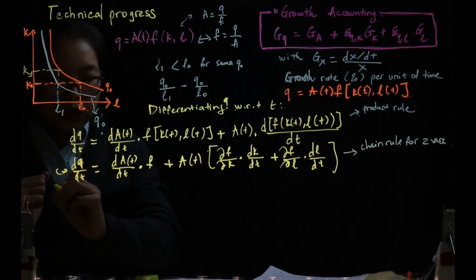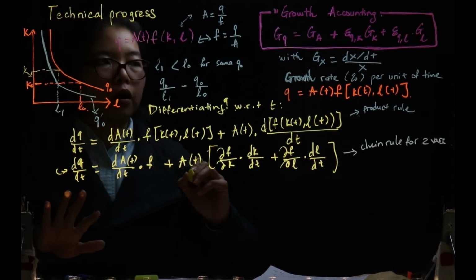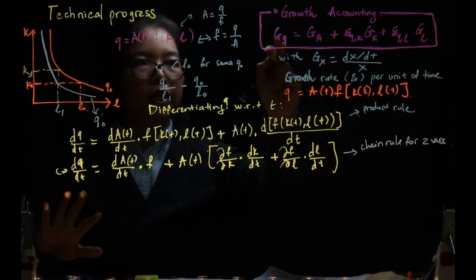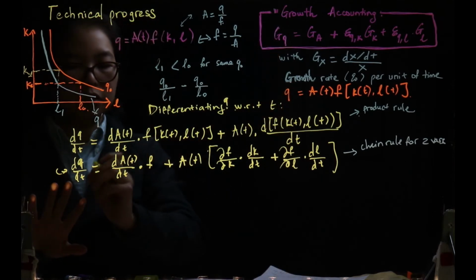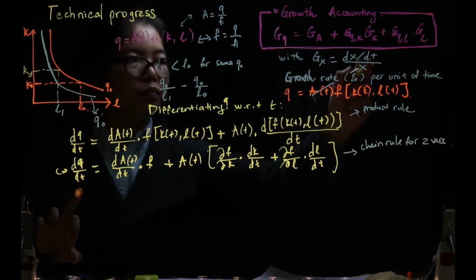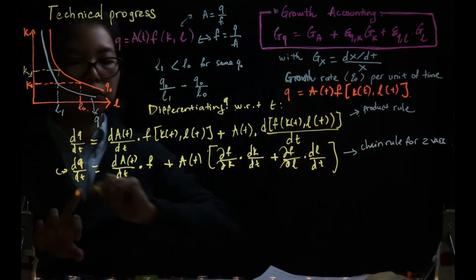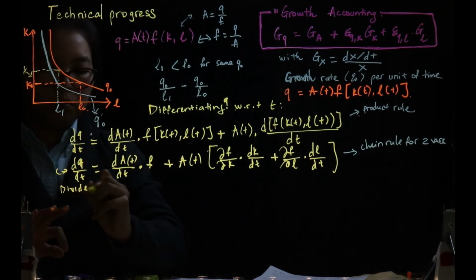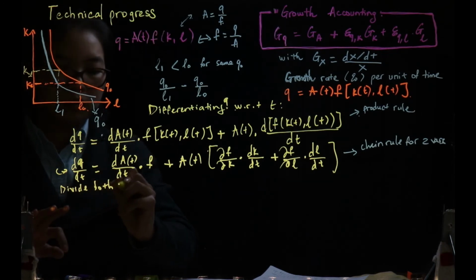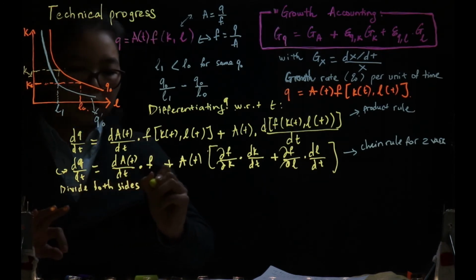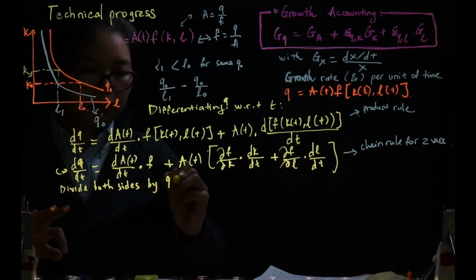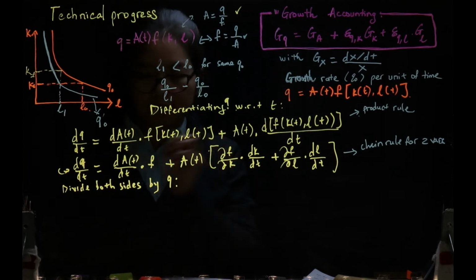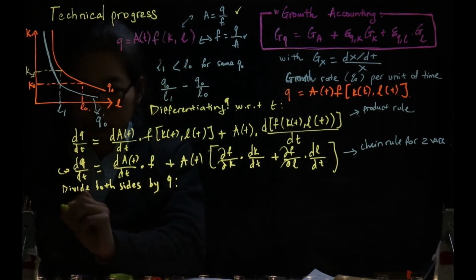The next thing we should do: because we wanted to have the growth rate of output on one side, and now we have dQ over dt, we will need Q itself. So we need to divide both sides by Q. Okay, here things get a little bit complicated, but let's do it slowly.